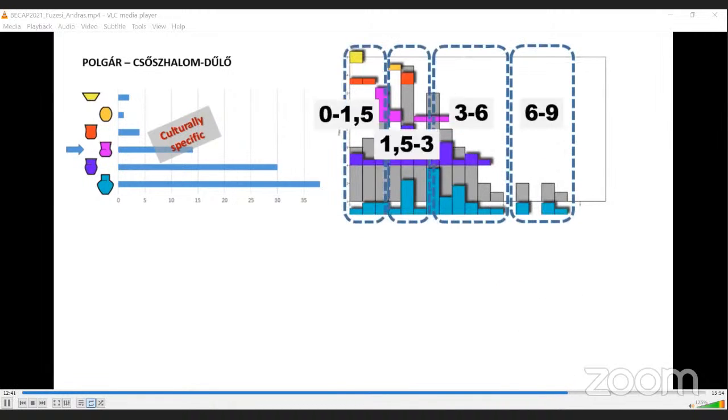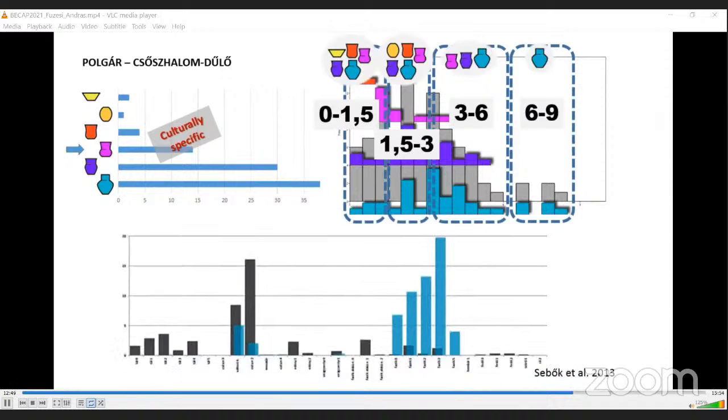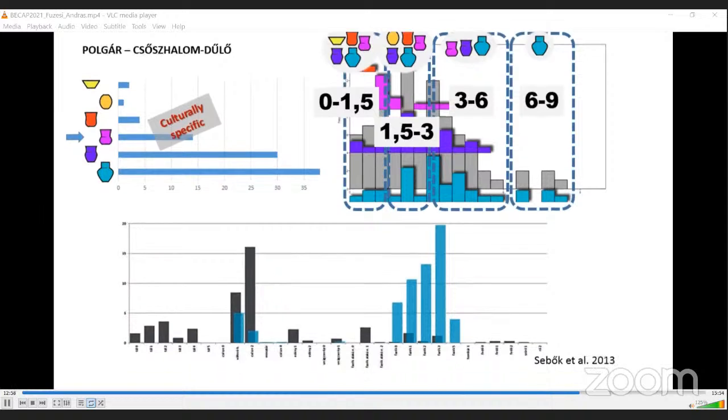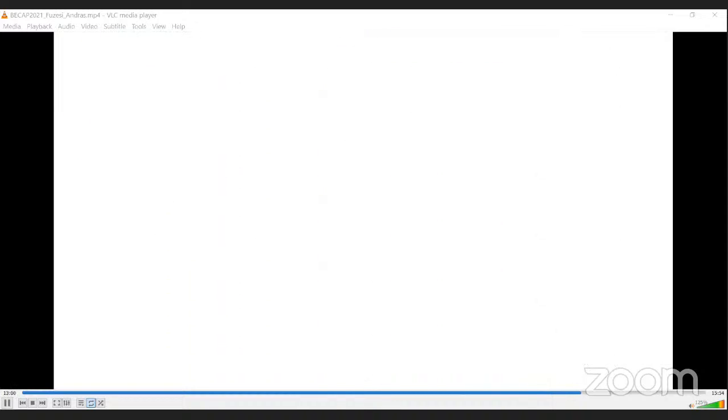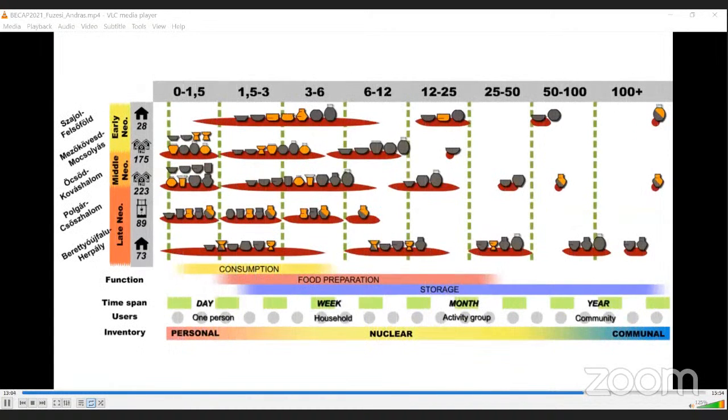Small vessels also represent a relatively narrow type spectrum, which is well illustrated by a comparison of the ceramic inventory of the well and the settlement. The disproportion between them is consistent with the structured placement of the artifacts in the well. The comparative analysis of these assemblages provides an opportunity to detect temporal changes in household activities.